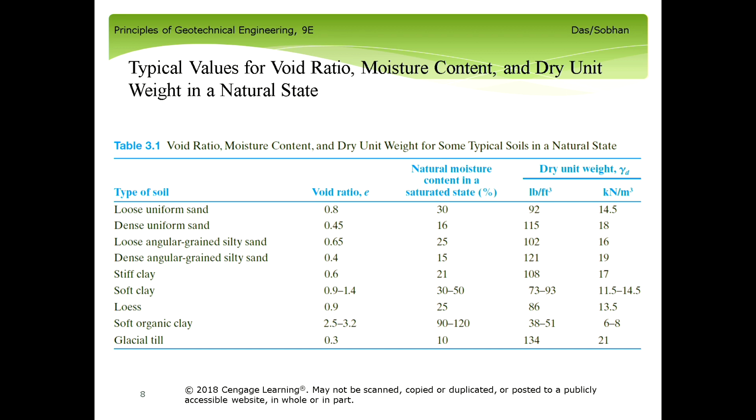So for loose angular-grained silty sand and the dense one, you can go through the same thing. But you see that for silty sand, whether loose sand or dense silty sand, the silty sand has a lower void ratio or higher dry unit weight than sand.